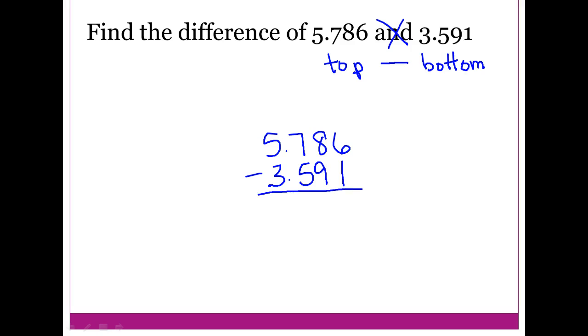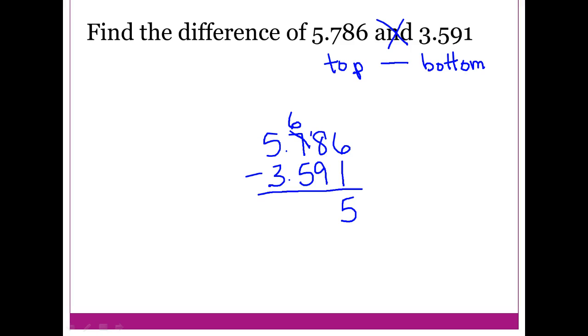And then you go ahead and subtract. So 6 minus 1 is 5. And then we run into a little bit of a problem. We're starting with 8, but we need to subtract 9. And we can't just say 8 minus 9 is 1, because that's not true. We'll have to go to the next number to the left, and we'll have to take one away from there and do an exchange. So we're going to take 1/10 away, and we'll turn the 7/10 into 6/10, and we're going to turn that tenth into 10/100.